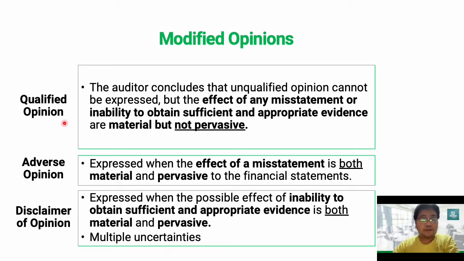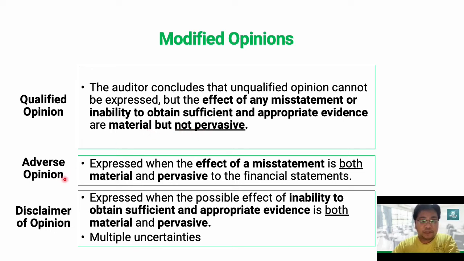We issue a qualified opinion when we conclude that we cannot provide an unmodified or unqualified opinion. However, the effect of any misstatement or our inability to obtain sufficient and appropriate evidence is considered material but not pervasive.